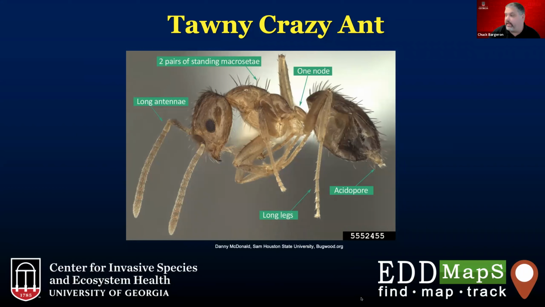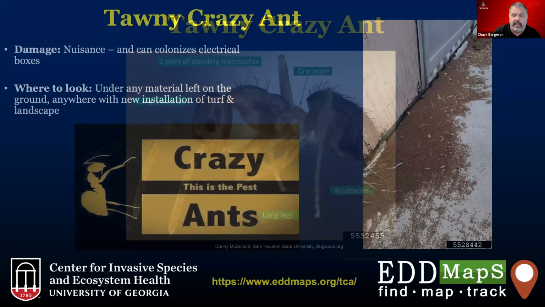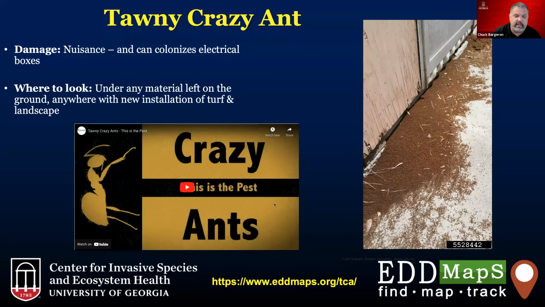This is one that I think is a very interesting species, so I included it in here. It's called Tawny crazy ant. As you can see in this picture right here, everything you see in that reddish brown color are the ants, and they're called crazy ants because they just run around all over the place.